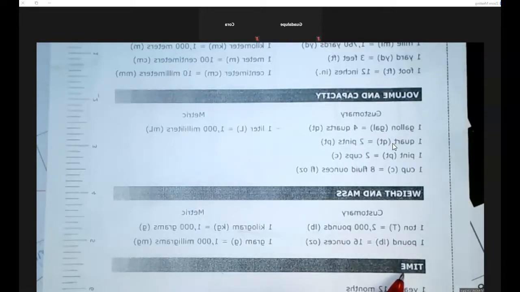Look at the chart. There is no way you should get this wrong if you're looking at the chart. We're looking for ounces, right? Is it time? Is it length? Is it capacity and volume? Is it weight or mass?